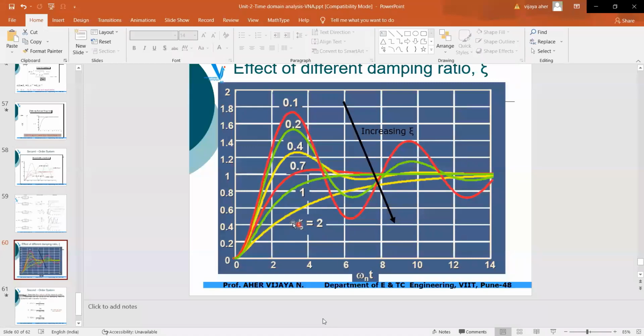When zeta is equal to 2, the system is directly settled down. There is no any overshoot, no any transient. Okay, so in this direction, the value of zeta is decreased, and hence the value of overshoot, percentage overshoot, is reduced. Okay, got my point?